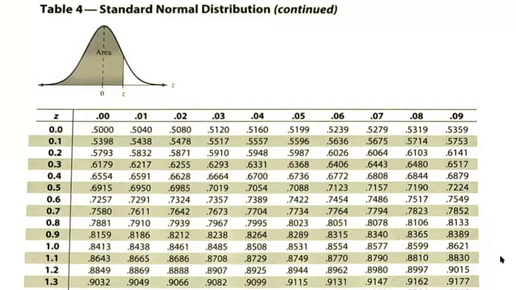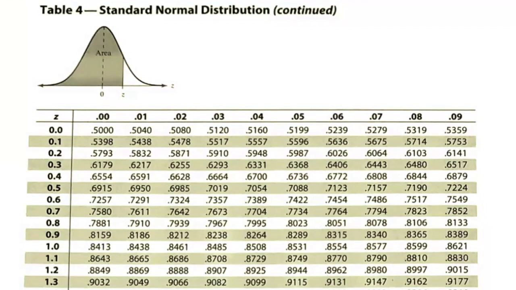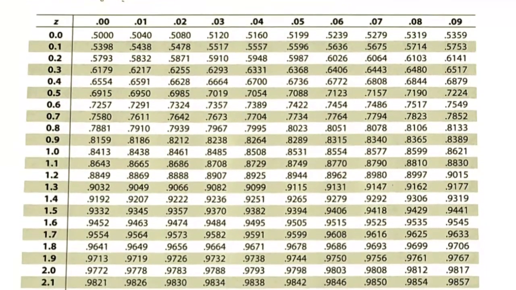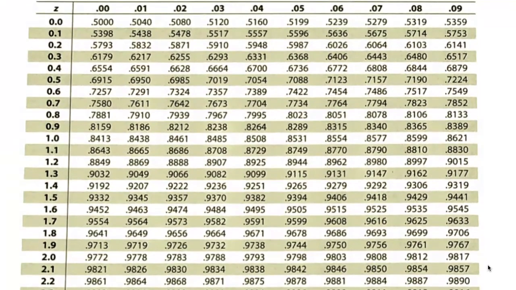Here, once again, is the standard normal table where we look up z-scores to find the probability of a value being less than that z-score. The first one I'm supposed to look up is 1.96. So I go to the row 1.9, I read across to the heading 0.06, and the first probability is 0.9750.